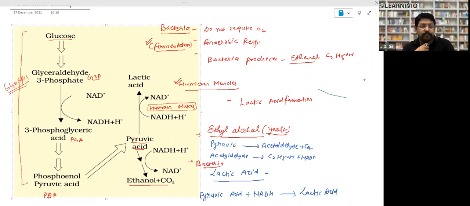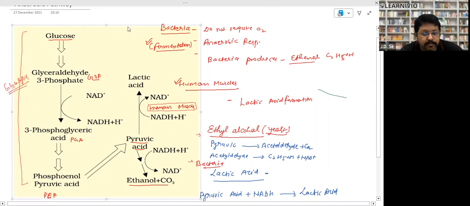Due to the presence of lactic acid, we feel muscular cramps. When we take rest, this lactic acid goes to the liver, and it is again converted into pyruvate. Is that clear? Anaerobic respiration. Yes, sir.